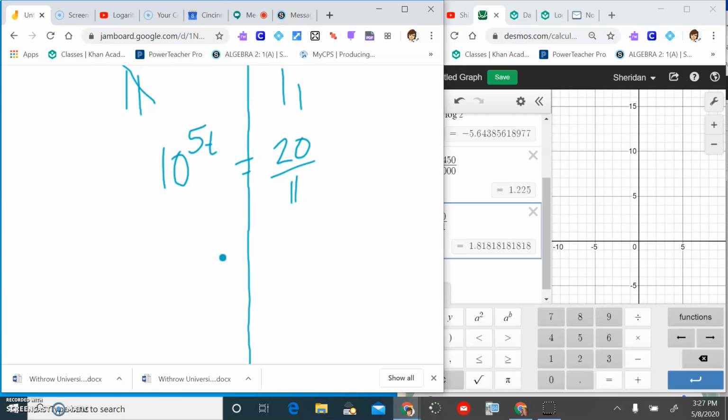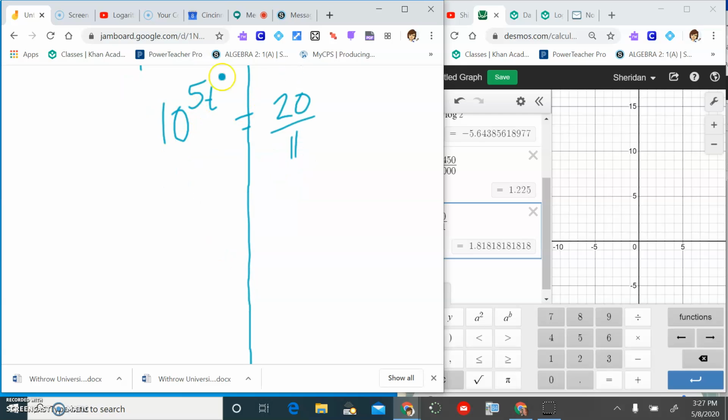All right, so I've got to get the letter out of the exponent here. So to do that, I'm going to write it as a logarithm. So log base 10 of whatever's over on the left, which we now call the argument of the logarithm, equals whatever the exponent is.